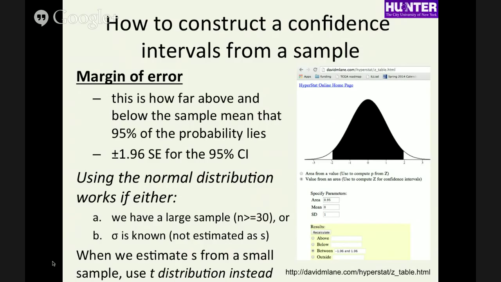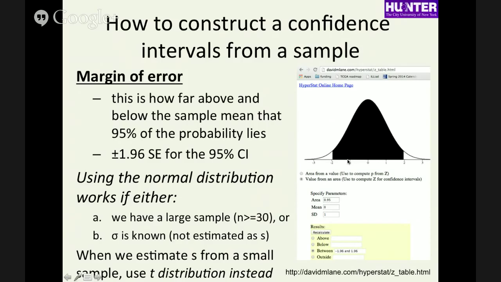And all you have to do is a lookup in a z table for now, to see how far above and below your point estimate you have to go to get 95% of the probability in your sampling distribution. That means that if you took an infinite number of samples, 95% of them would fall in this shaded area.